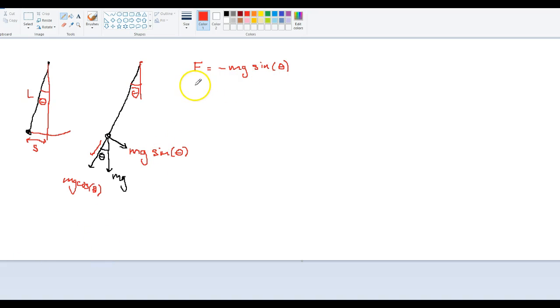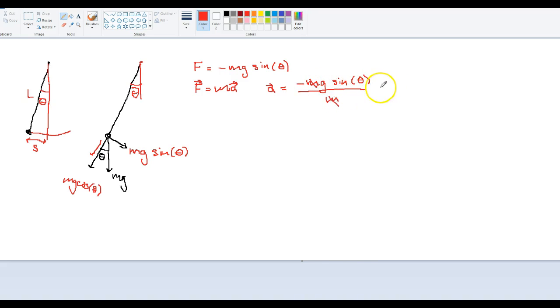Now using, I'm going to go to vector format here, Newton's second law, we have that acceleration is equal to the restoring force, minus mg sine of theta, divided by the mass.